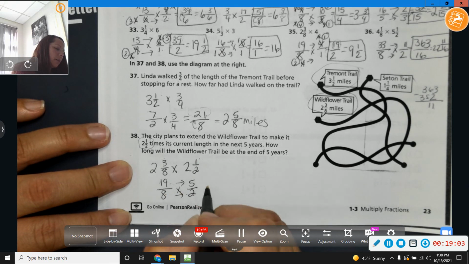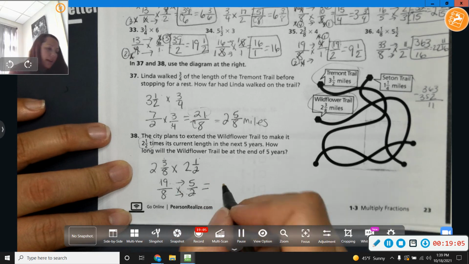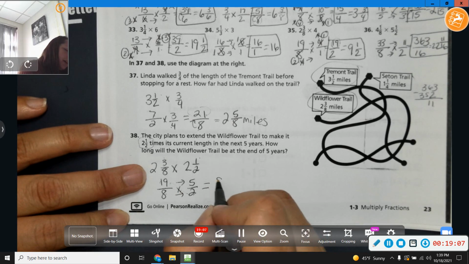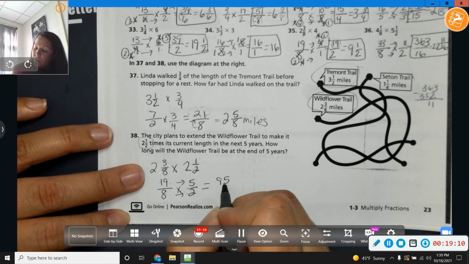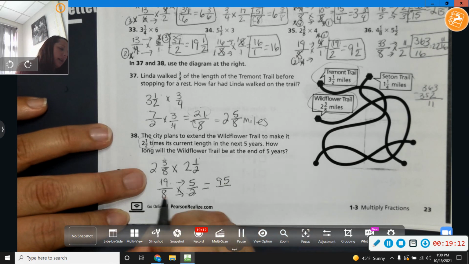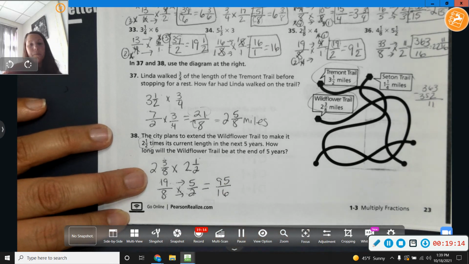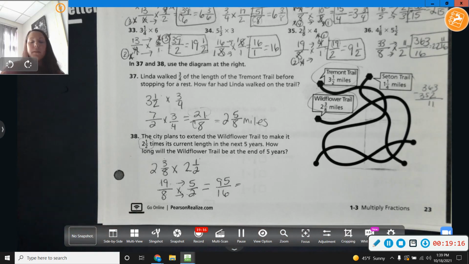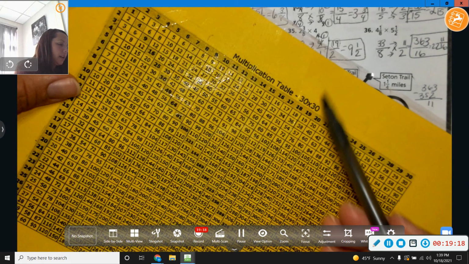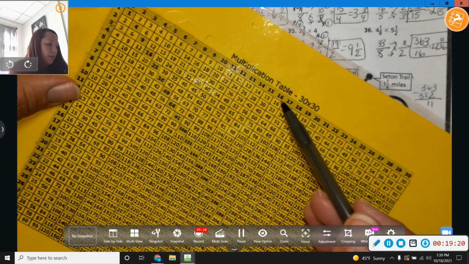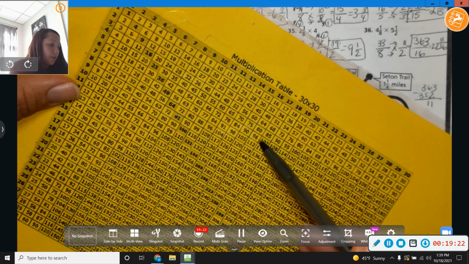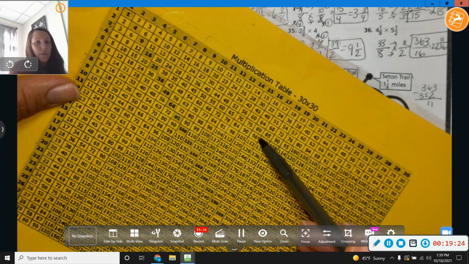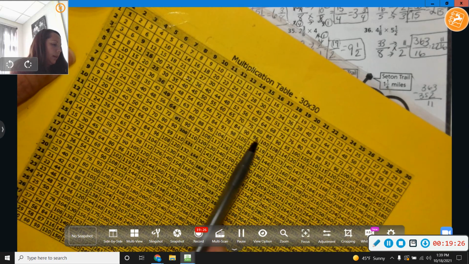So when I multiply, I have 19 times 5 is 95. And then 8 times 2 is 16. Now I want to see how many times 16 goes into 95, so I use my chart. Find a number close to 95 without going over. Right there.